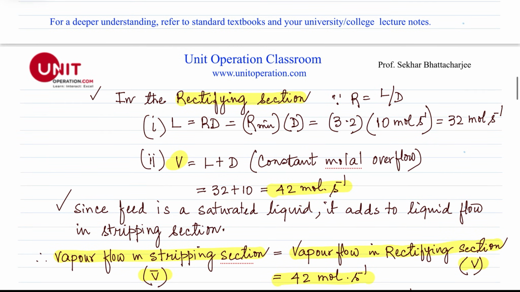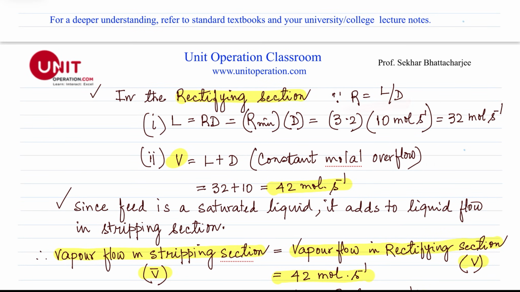Now, with R minimum 3.2, we can find the molar liquid flow rate, L, which is equal to R minimum times D. So this is 32 mole per second.